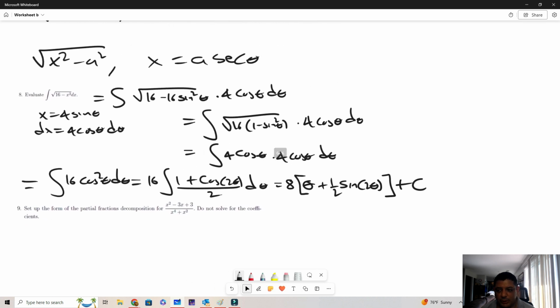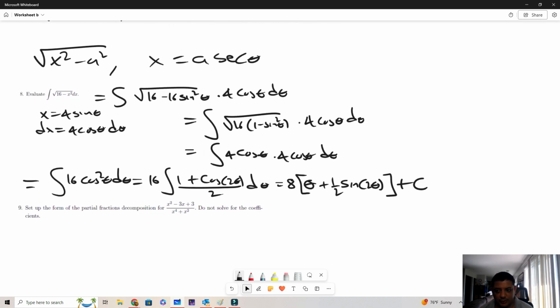Now, because we need to go back to the original variable as always, we need to replace what this is. x over 4 is sine of theta. So, of course, arc sine of x over 4 is going to be the result here. And then plus 1/2.